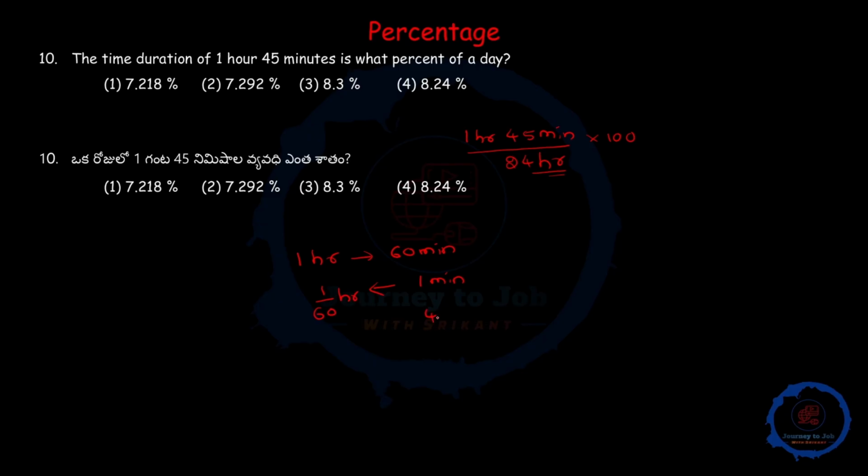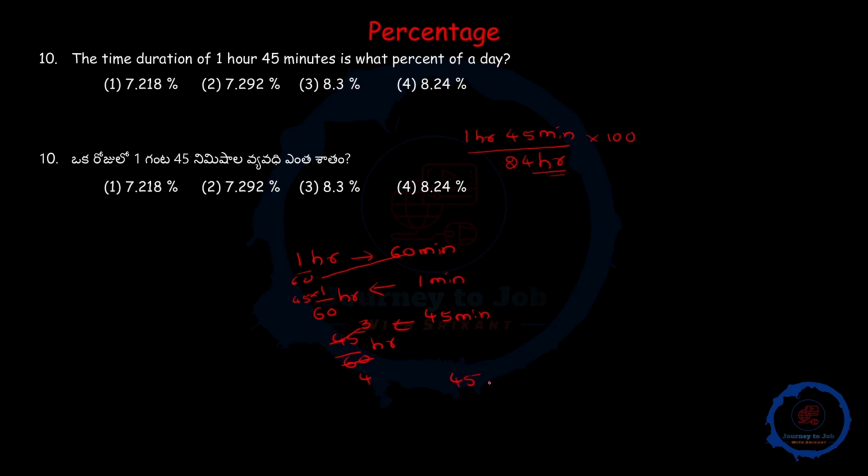Similarly, 45 minutes means 45/60 hour. 1 hour means 60 minutes, so 1 minute means 1/60 hour, and for 45 minutes we simply multiply this value with 45. So we'll get 45/60 hour, which you can simplify by 15: 3 and 4.